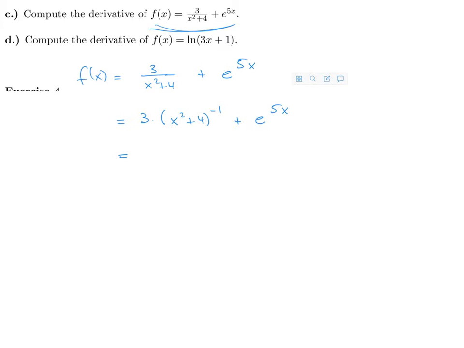So let's use this notation here. If we have v of u of x, then we call u the inner function and v the outer function. In our case, when we first discuss this function here, the inner function u of x would be x squared plus 4.